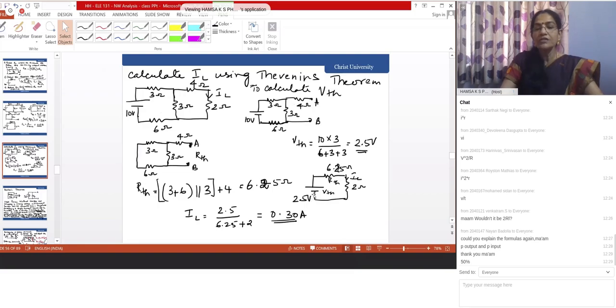The VTH value is 2.5, the RTH value is 6.25, and the load resistance given in the circuit is 2 ohms. We have already calculated the VTH and RTH values. We can do it for any circuit, but I'm just taking this as an example. So 2.5 and 6.25.